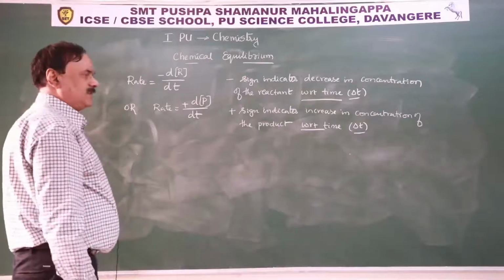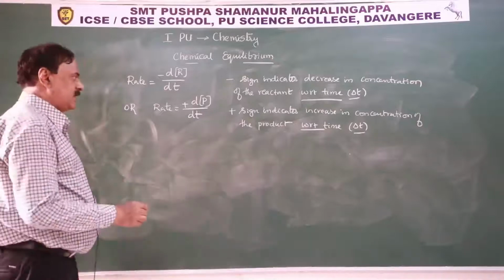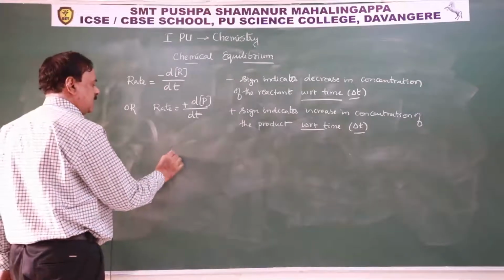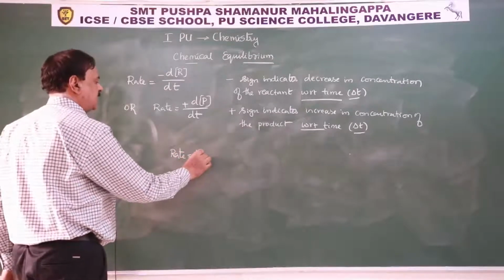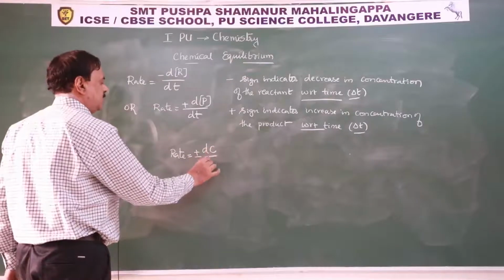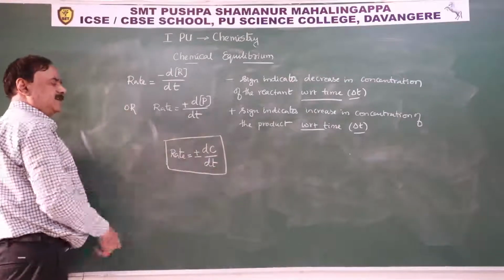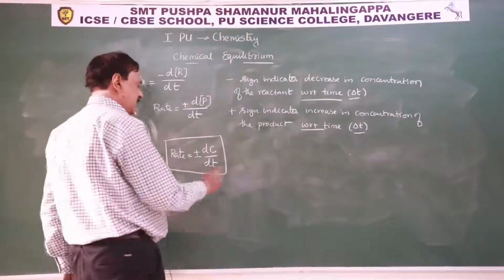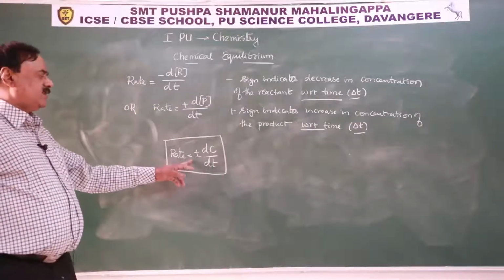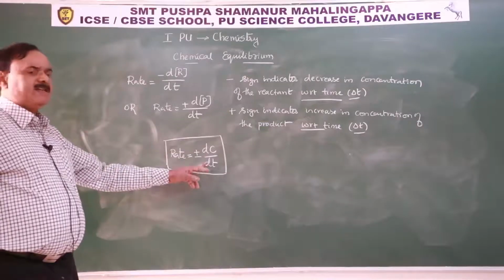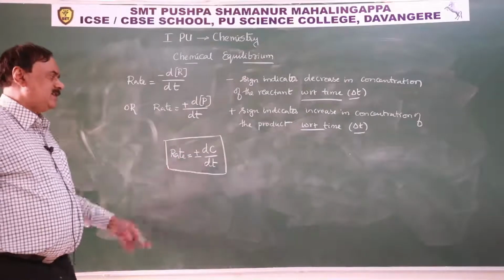In your exam they will ask: velocity or rate of a chemical reaction is represented by plus or minus dc divided by dt, where dc is the concentration of either reactant or product. Explain the symbolical significance of plus minus, dc and dt.